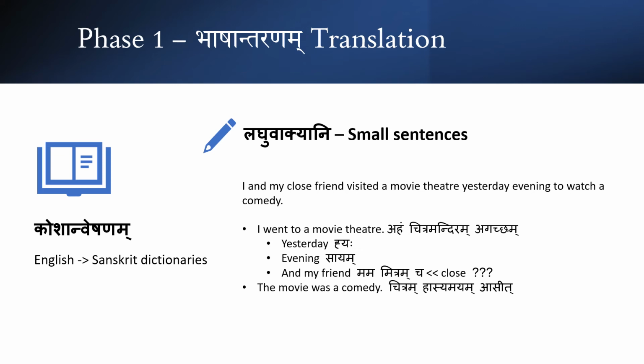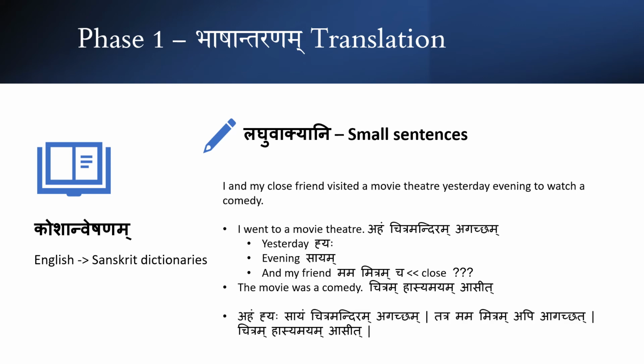Aham chitramandiram agacham. Hyaha sayam mama mitram cha. Now we have these different parts of the sentence here. Now we can try to bring them together and make a sentence. Okay.